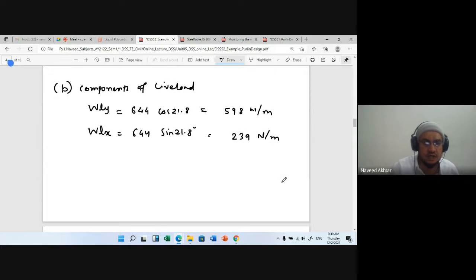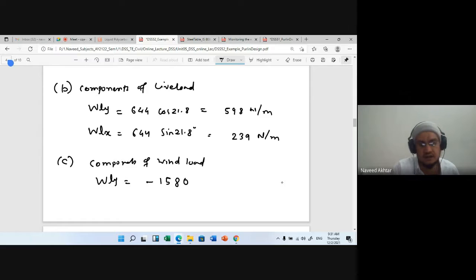Now the components of wind load. Wind load along the y direction is minus because of lift, so minus 1580 into cos of 90.